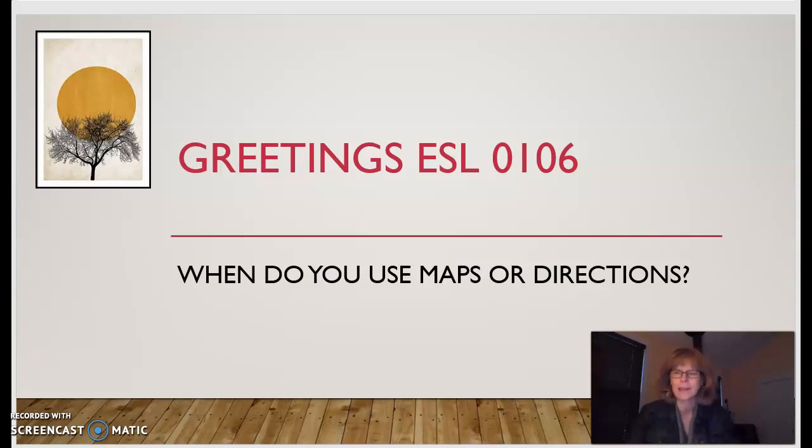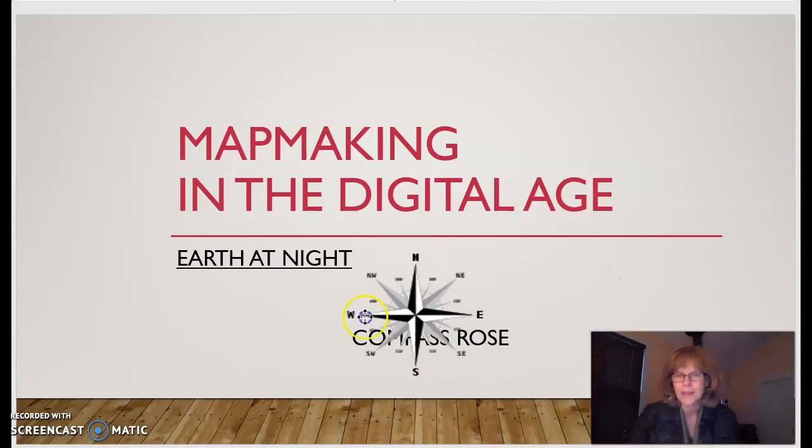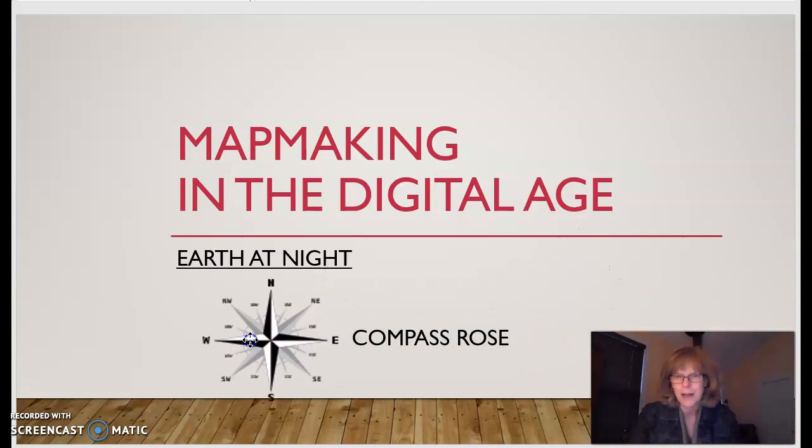Well, let's take a look at this article and see what it has to say about map making in the digital age. So they use these words. They talk about a compass rose. And I wonder if you know, this is a compass rose. I'm going to move it over here.